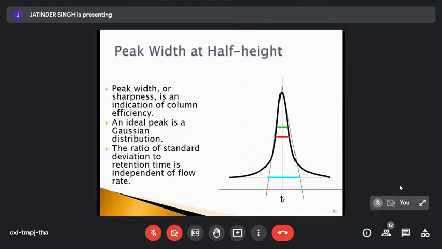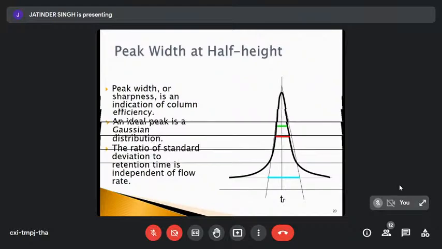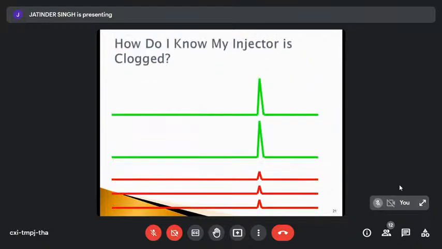And the half of the peak is known as the half peak height. That is, suppose you have from here to here, its half is the peak height. And we can calculate the ratio, the standard deviation and the other things.